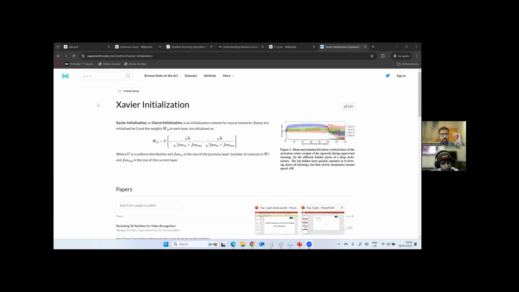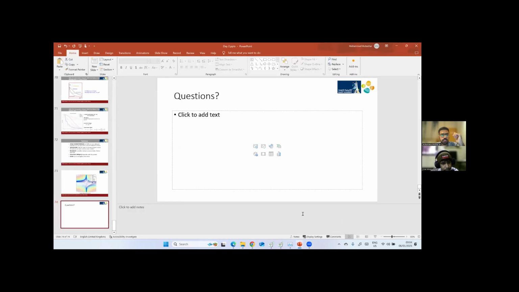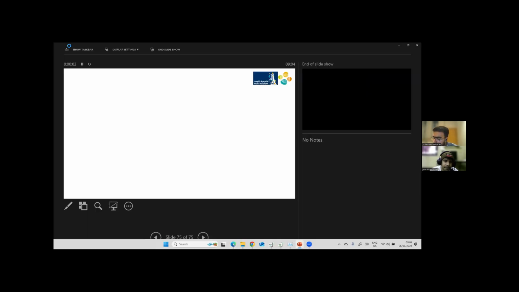So if I add a new slide here, go to the slideshow again. Okay, so let's say I have a neural network like this. I have four neurons here, two here, and three here. The weights would actually be the connections between these.